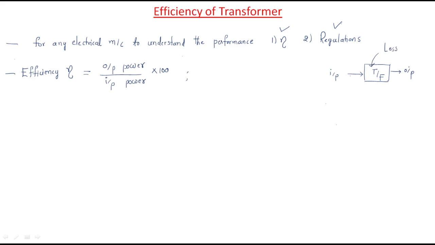That's why the relation is: input power is nothing but output power plus losses. So the efficiency is output power by output power plus losses, into 100.